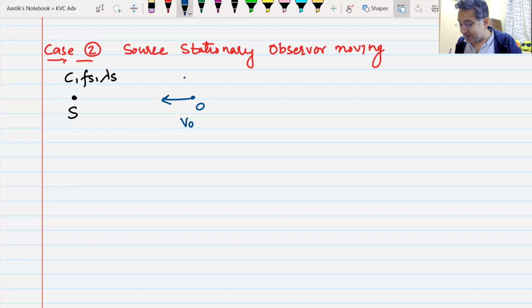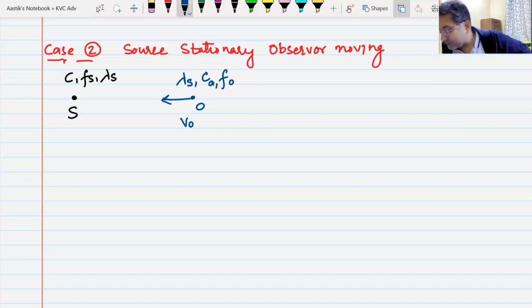Now, what happens here is he receives sound with the same wavelength lambda s, but the speed changes. The speed becomes c dash, and therefore the frequency, let me not write it as c dash, I will write it as c naught, where c naught is the speed with which he perceives sound. Do we understand this? Yes, sir.